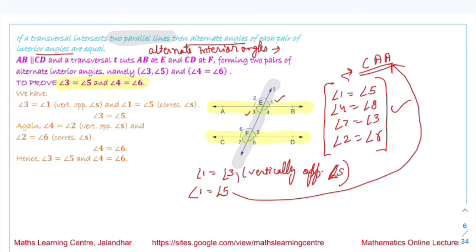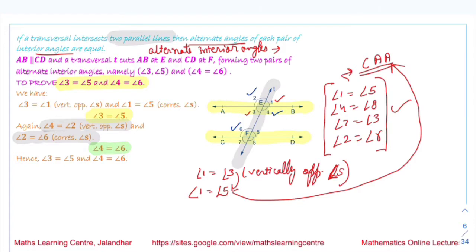So what we get is angle 3 is equal to angle 5. This is the first part we have to prove. Similarly, angle 4 and angle 2 are vertically opposite angles, and angle 2 and angle 6 are corresponding angles. So what we get is angle 4 is equal to angle 6, and this proves our theorem.